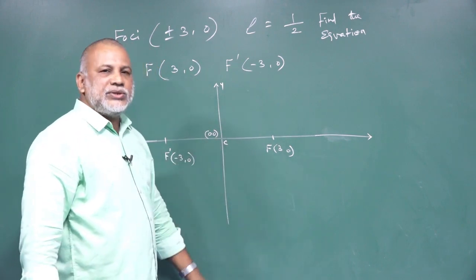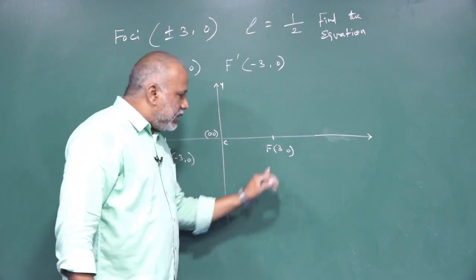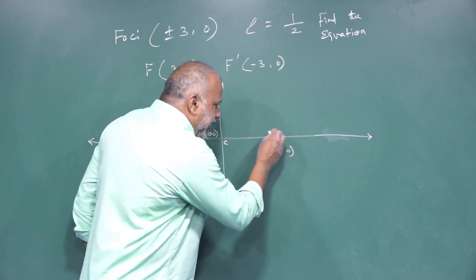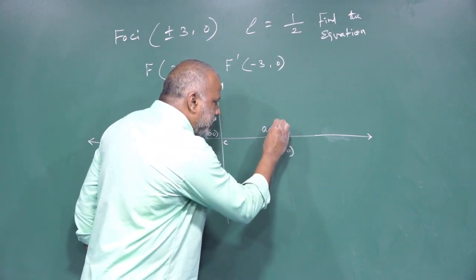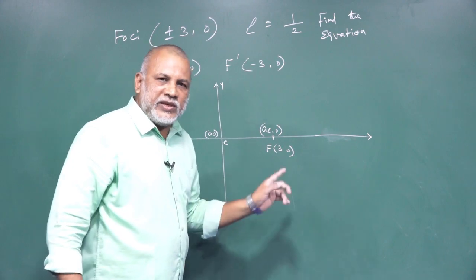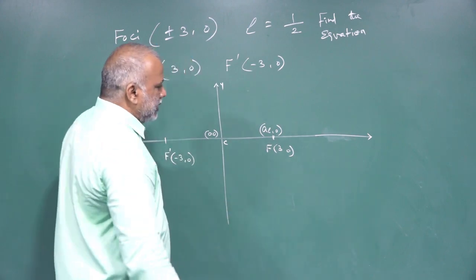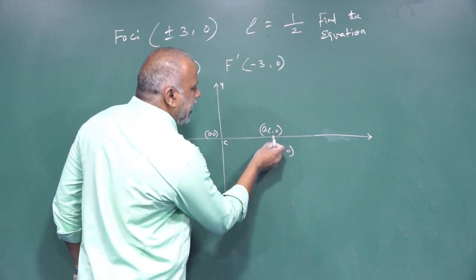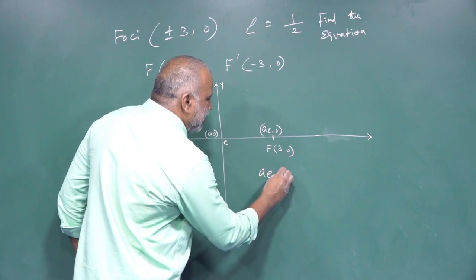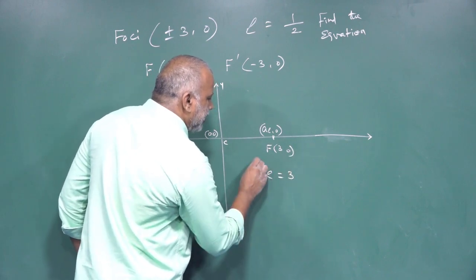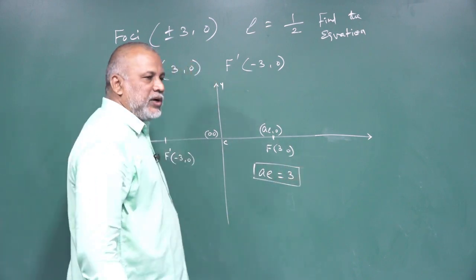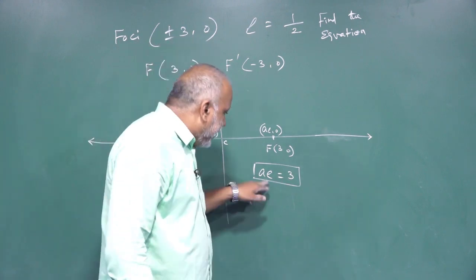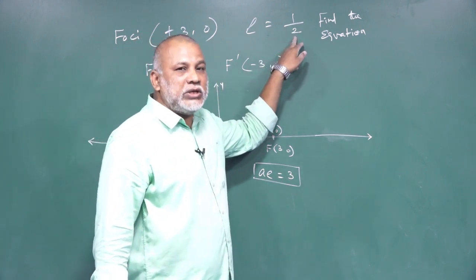So 0 comma 0. Now listen. F is denoted by ae comma 0. See here, the value of ae equal to 3. Here the value of e is given in the question itself.